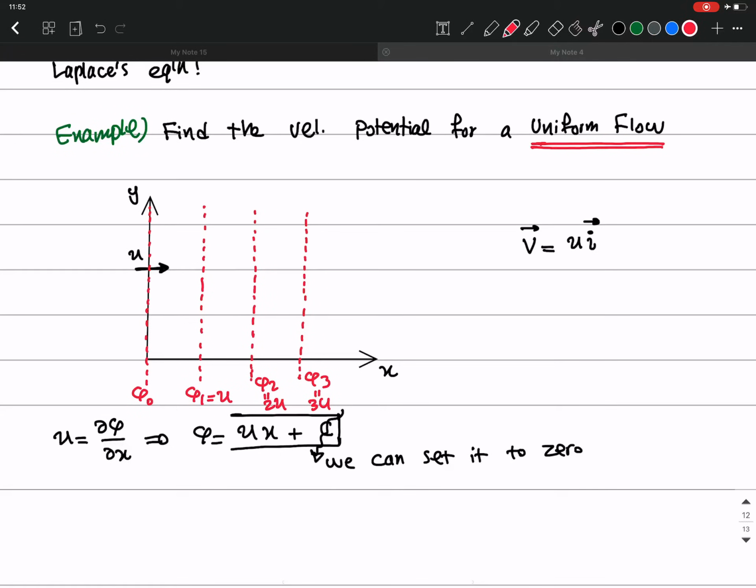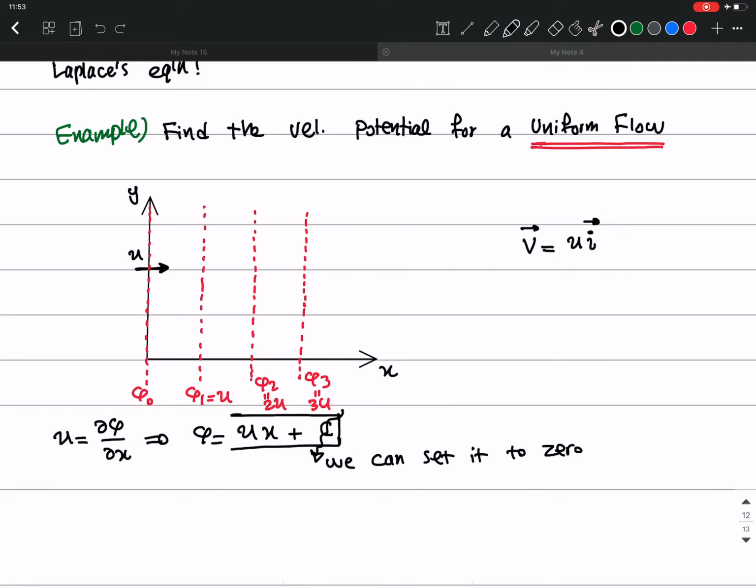And so this is how these velocity potentials are going to look. So for this uniform flow, the velocity potentials are linearly increasing, and then the velocity vector is going to be u everywhere, right?